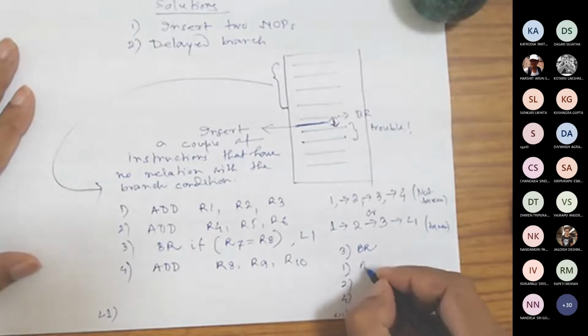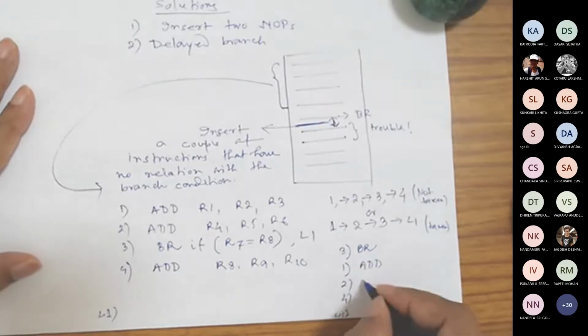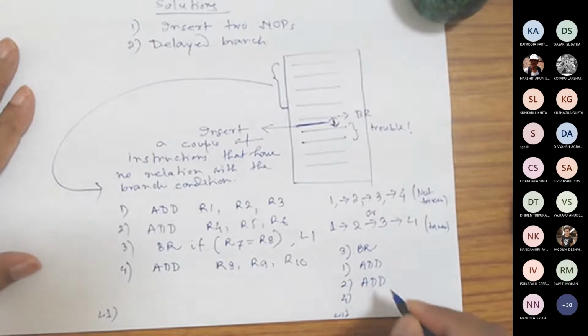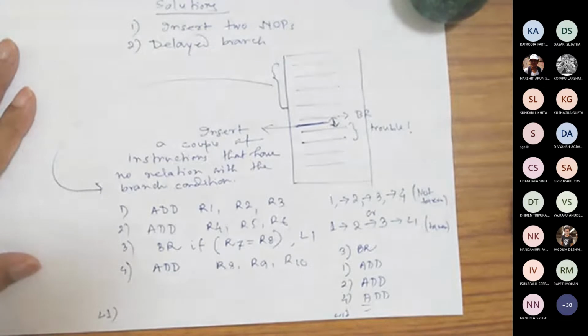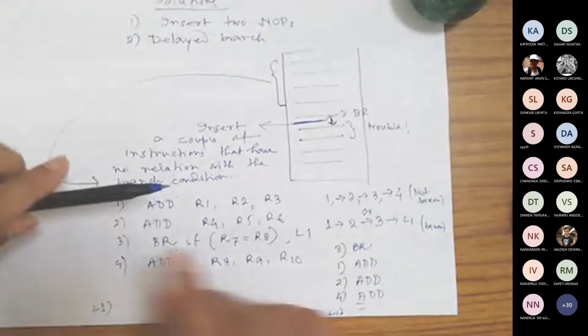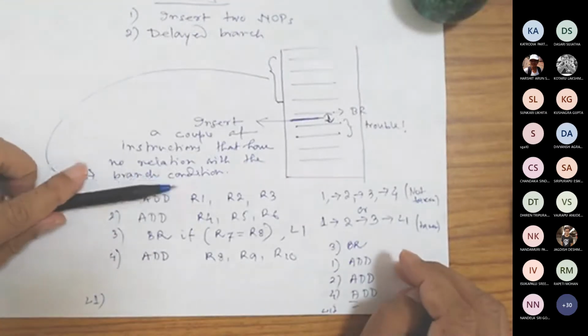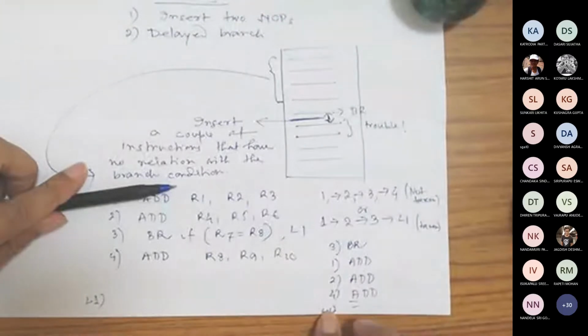This becomes my first add. This becomes the second add. Then third add, and so on. So I know that if the branch condition succeeds, then although it will go to L1, by the time when it goes to L1, 1 and 2 are already in the pipeline. So I do not need to discard them.